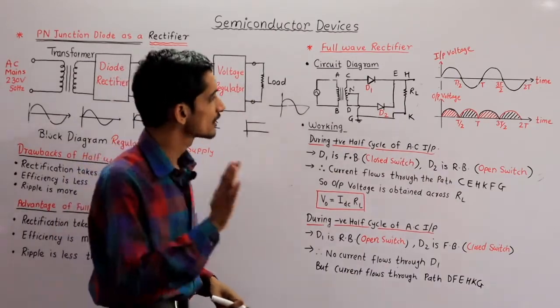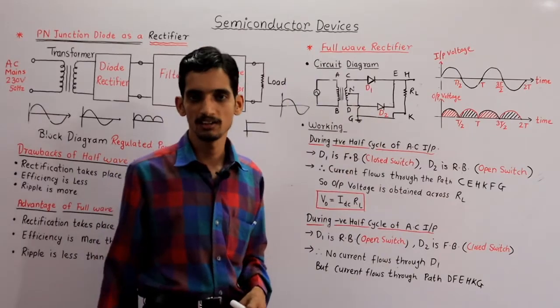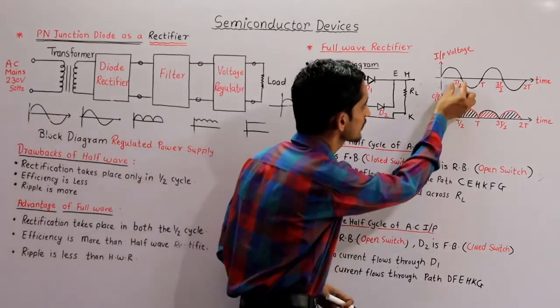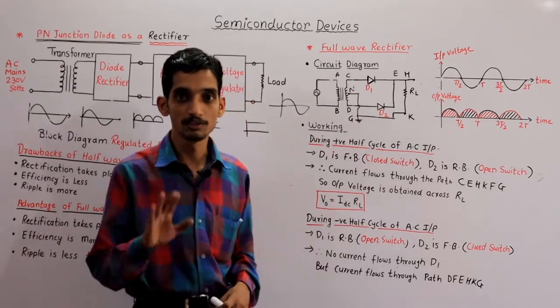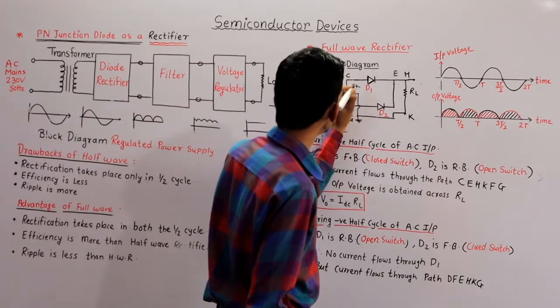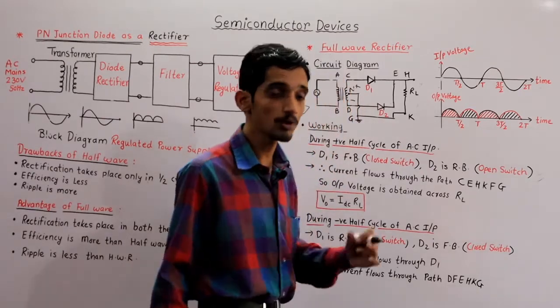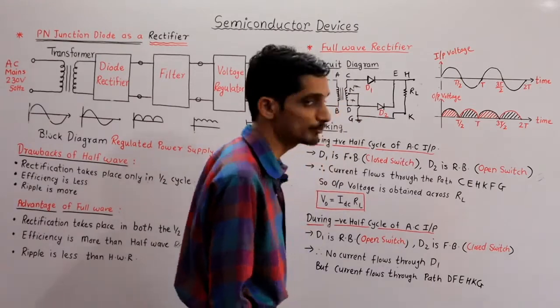Once this first half cycle is completed, we get the output for that cycle as per half wave rectification. Now, due to the phase splitting, there is a reversal of polarity. So this point becomes negative and this point becomes positive.